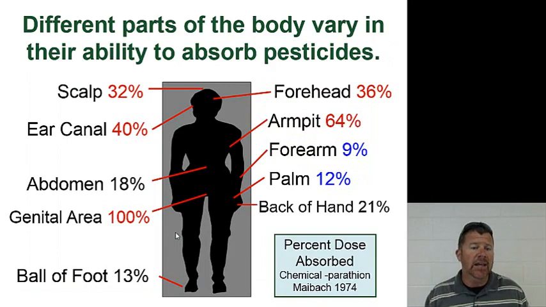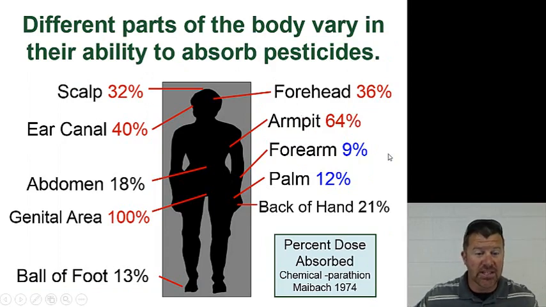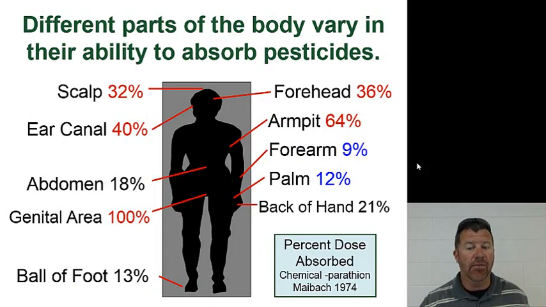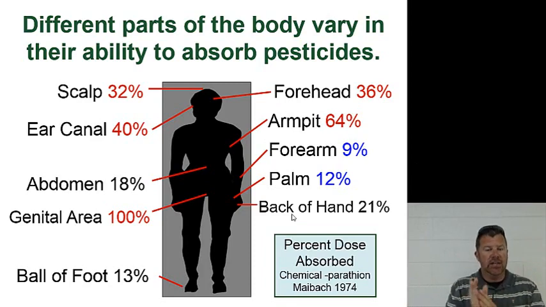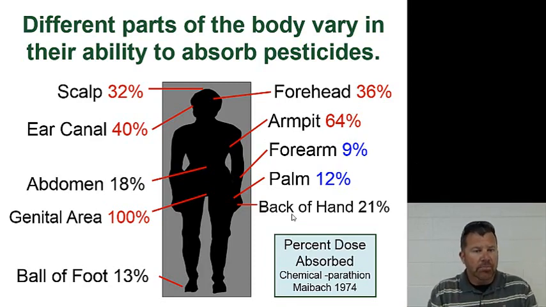Different parts of your body vary in your ability to absorb these pesticides. Take a look at the scalp, forehead. They can absorb 36%, armpit 64%, ear canal 40%, forearms and palms 9%. Well, think about it. That guy had it all over his hands, on his palms. The palm can only absorb about 12% of that pesticide.